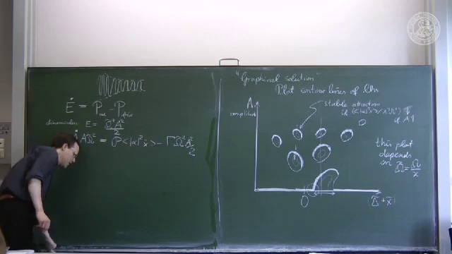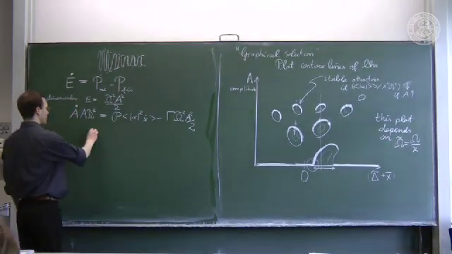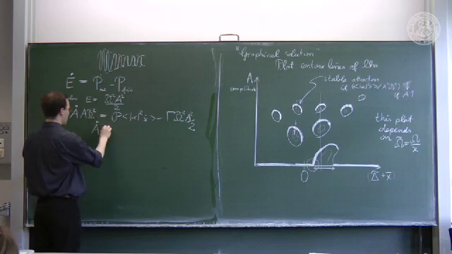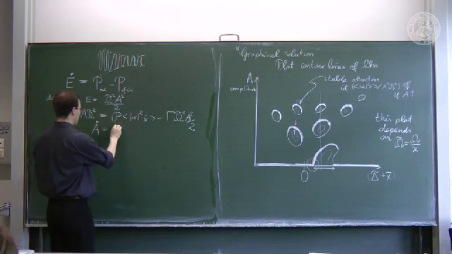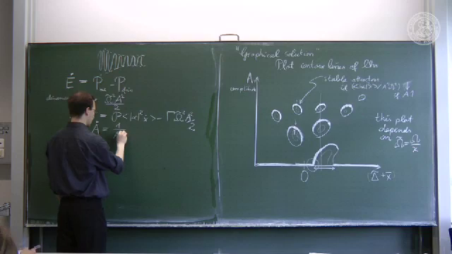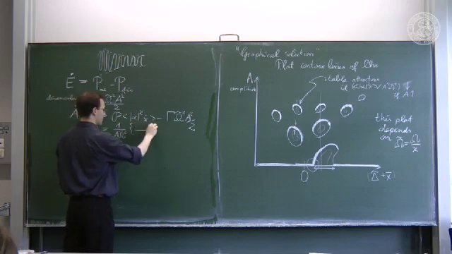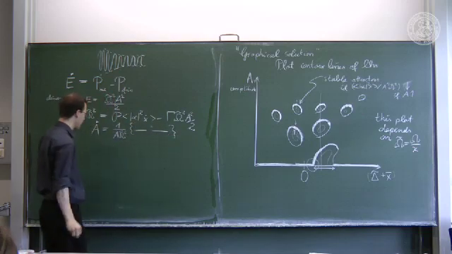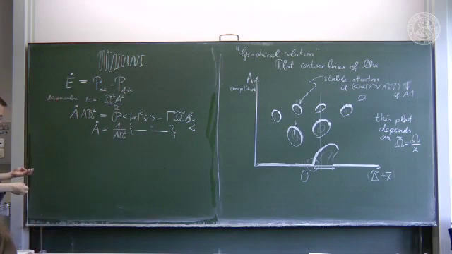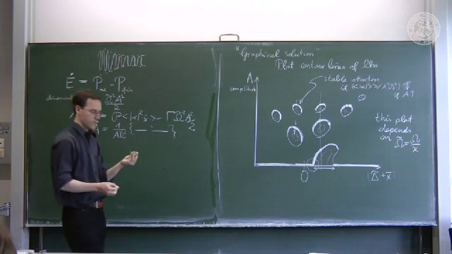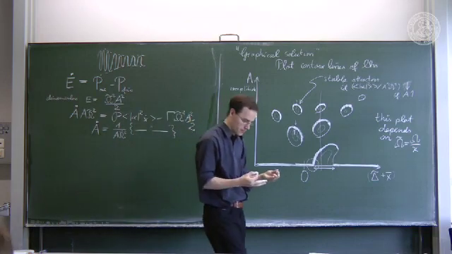So that would yield the equation of motion that I'm looking for. A dot equals 1 over A omega tilde squared times what I have here.